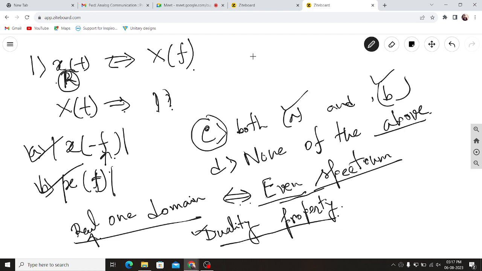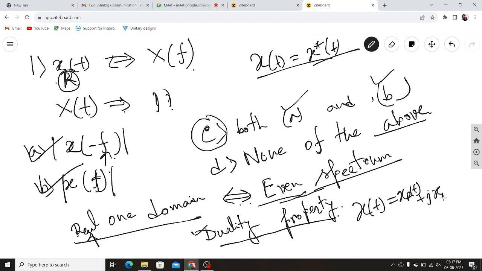Yes, in the sense you can say x(t) is equal to x star (t). So basically, if x(t) has two components, x_r(t) plus j x_i(t), then x(t) will be equal to x star (t) only if the x_i term has a value equal to 0.